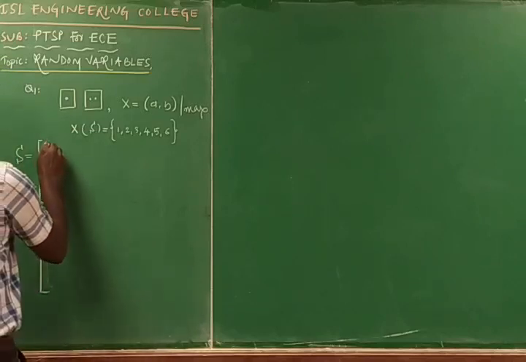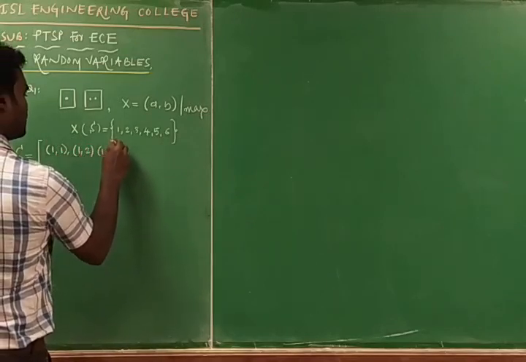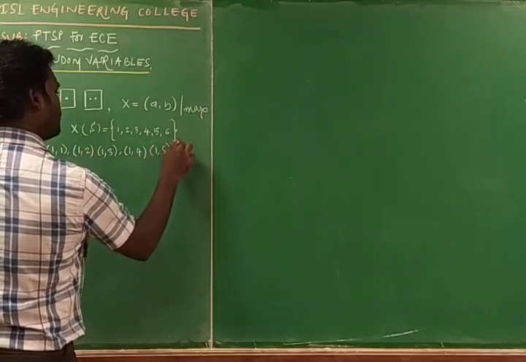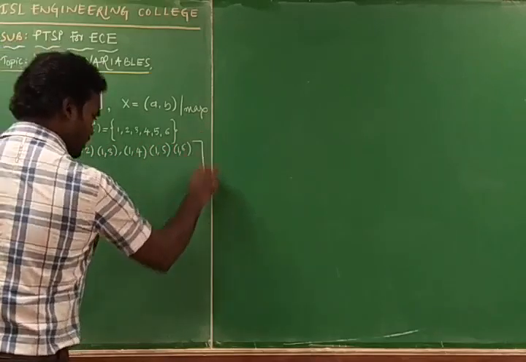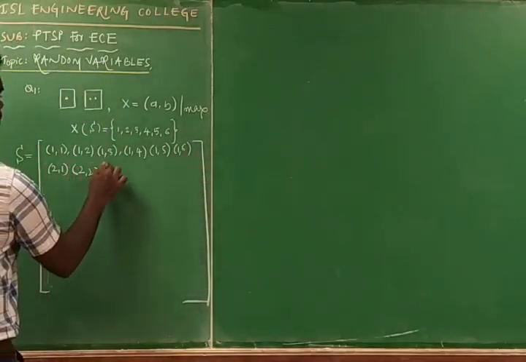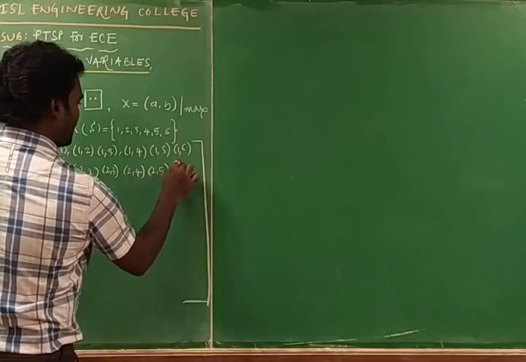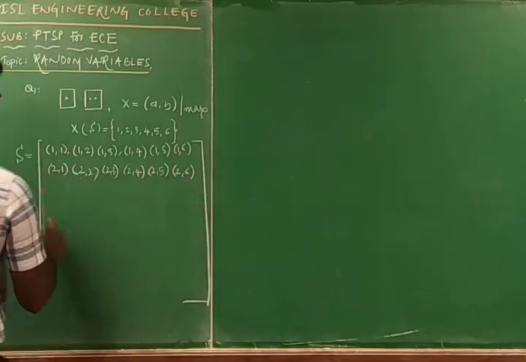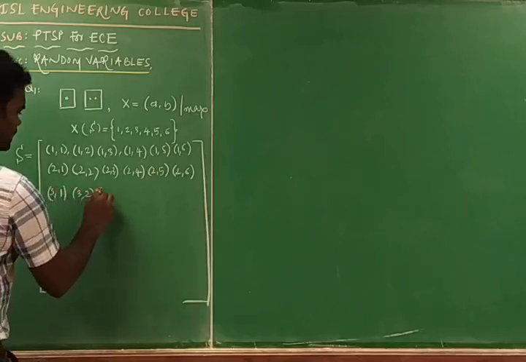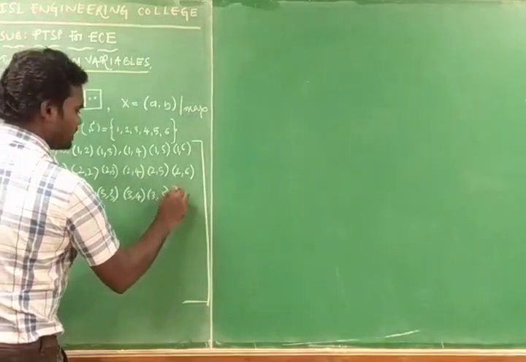That may be the possibilities 1,1; 1,2; 1,3; 1,4; 1,5 and 1,6. Next one, 2,1; 2,2; 2,3; 2,4; 2,5 and 2,6. Then next one is 3,1; 3,2; 3,3; 3,4; 3,5; 3,6.